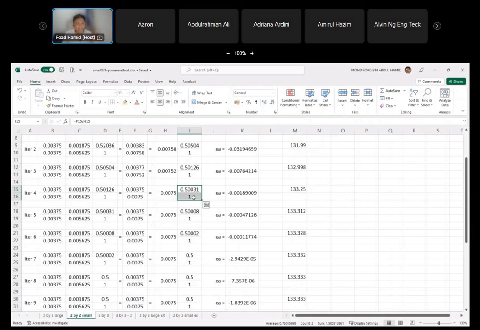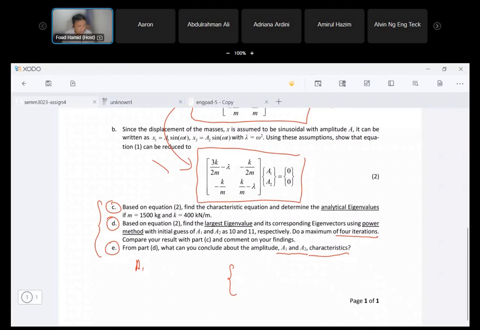So what is a vector? A vector is telling us the direction. In this case, if you have 0.5 and 1, this is basically 1 and 2. Basically saying that in this case, A1 is equal to 2A2.